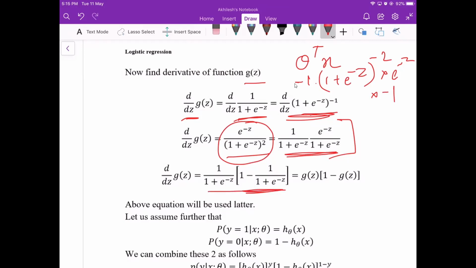And here we already know this is the logistic function, and this is also the logistic function, so you can write in this fashion. So the derivative of the logistic function is itself in that particular form, g(z) times (1 minus g(z)). This is the first derivative of the logistic function.